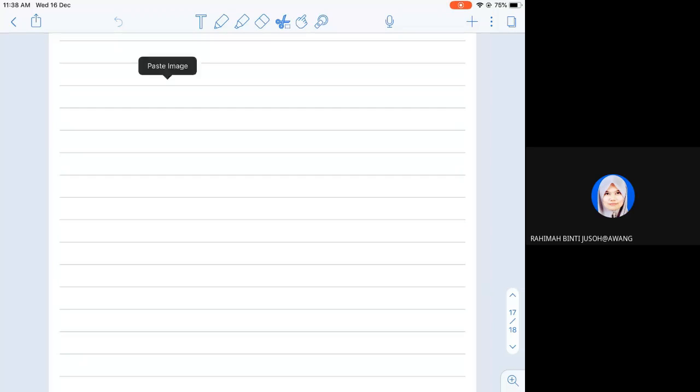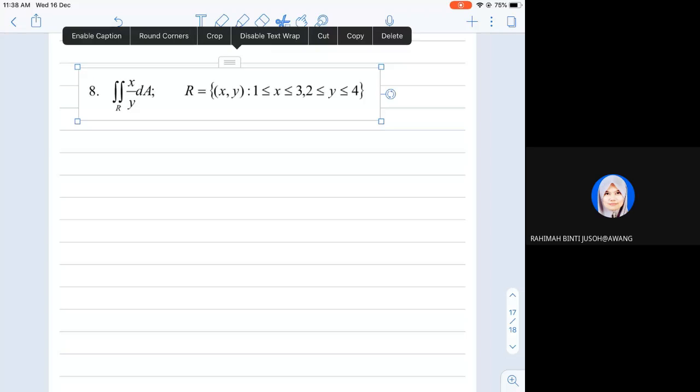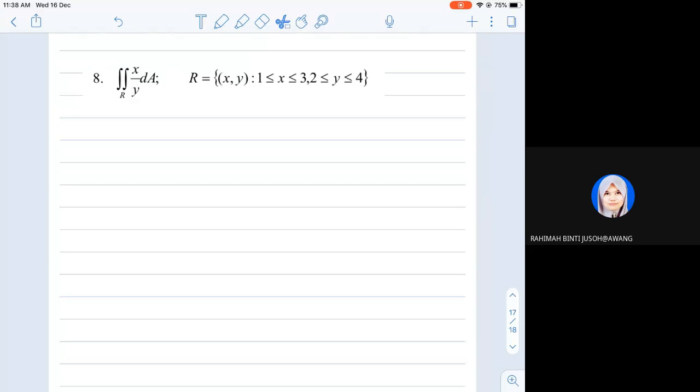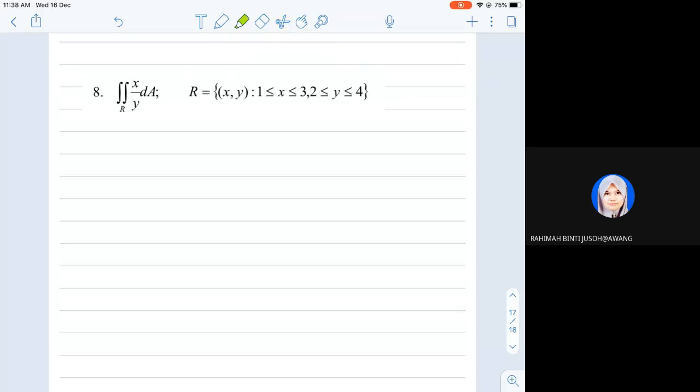So question number 8. Alright, so guys, for this question, it's up to you whether you want to do it as dx dy ataupun dy dx because your limits already given here. Okay, so don't worry, mana-mana pun boleh. Kalau rectangular ni bermaksud dia punya limits dia constant.